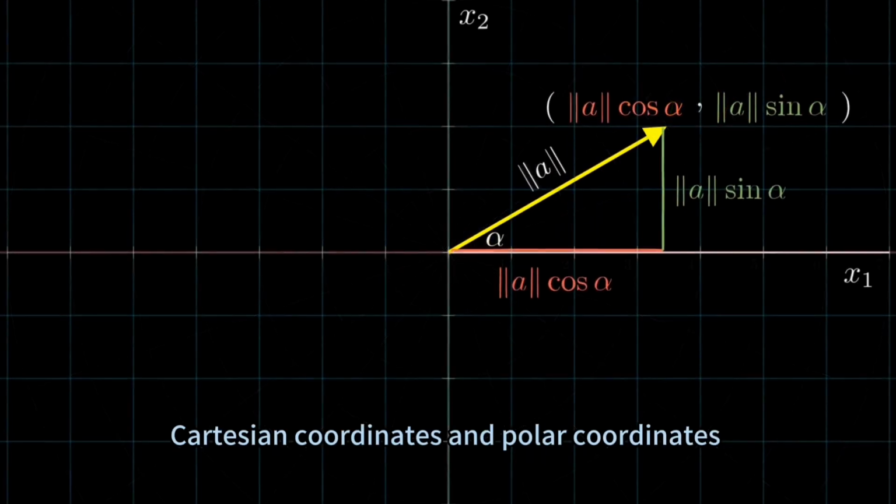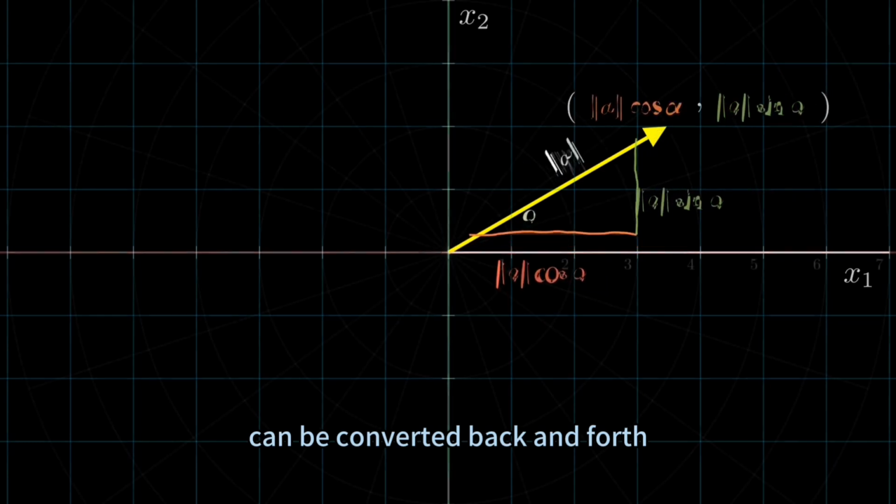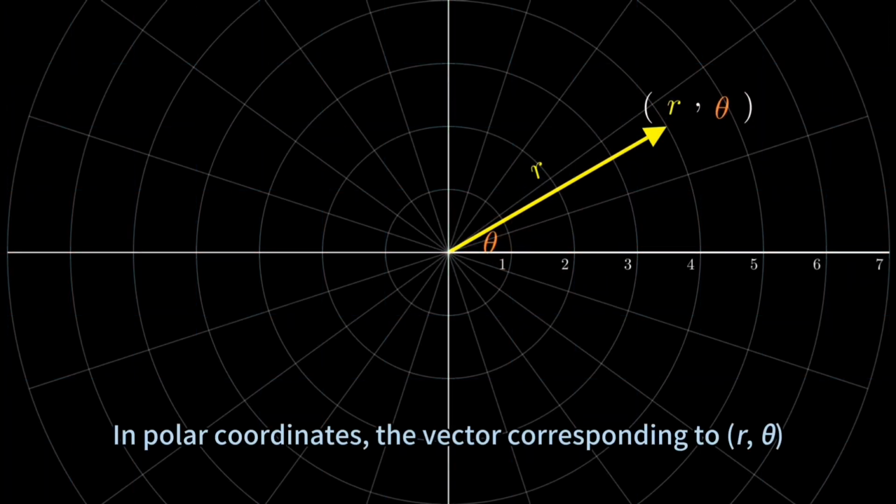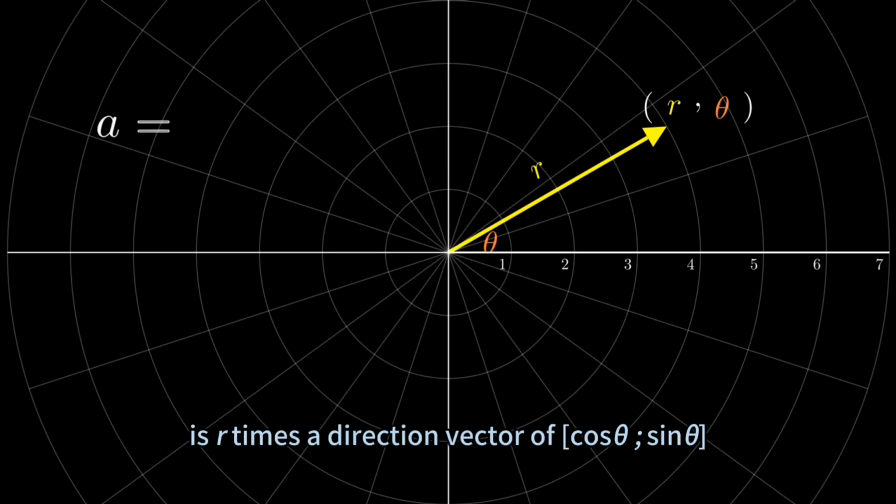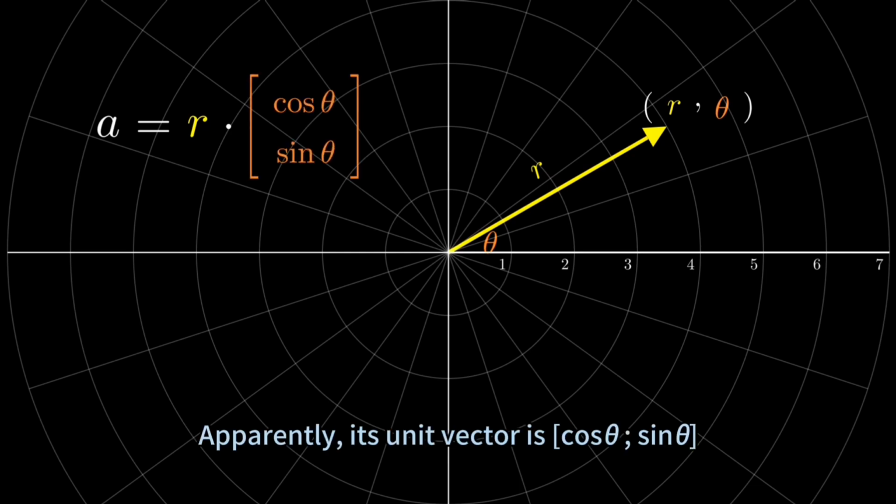Cartesian coordinates and polar coordinates can be converted back and forth. In polar coordinates, the vector corresponding to (r, θ) is r times a direction vector of [cos θ, sin θ]. Apparently, its unit vector is [cos θ, sin θ].